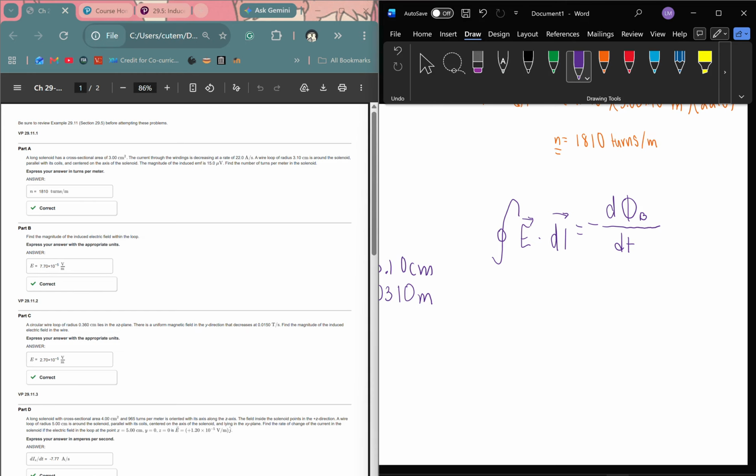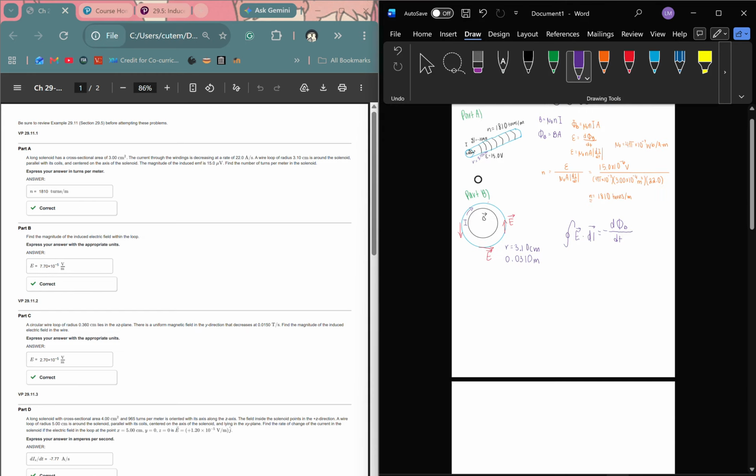Since the loop is a circle and the electric field has the same magnitude everywhere across the loop, like I wrote here, the closed line integral around the loop of electric field times dl equals the electric field times 2 pi r.